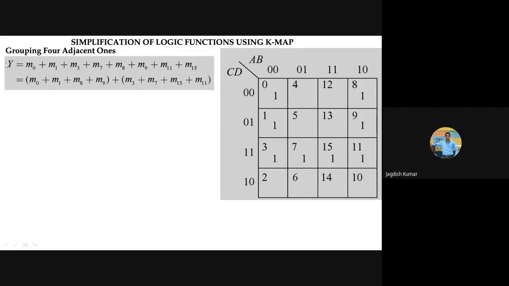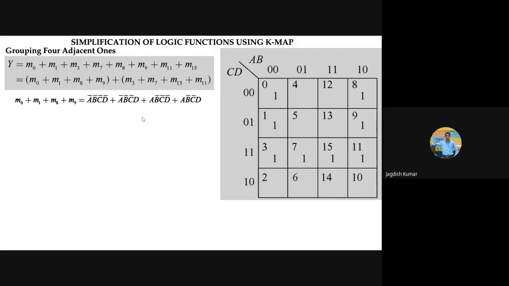So how can we write this down? We have written this same truth table in terms of SOP, in terms of minterms. These are the 4 minterms 0, 1, 8, 9. This is one group. 3, 7, 15, 11 is another group. These are called quads because they are a set of 4 ones.